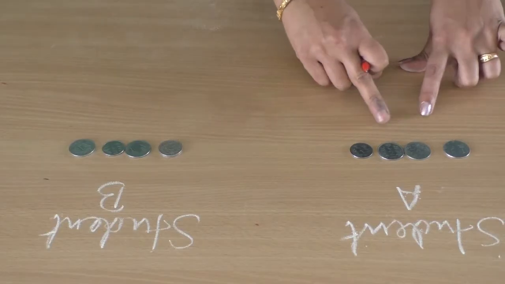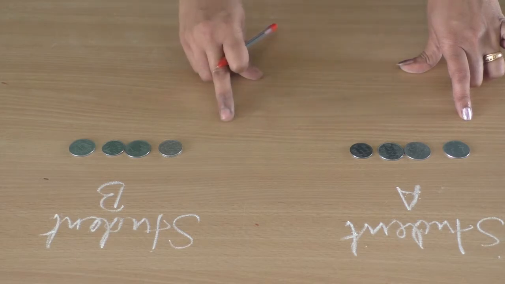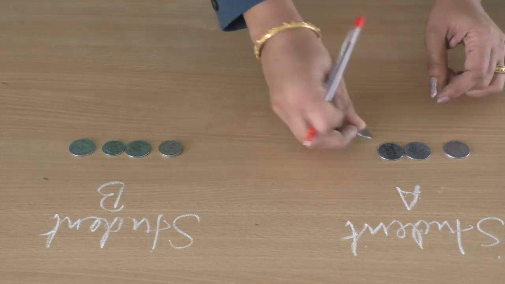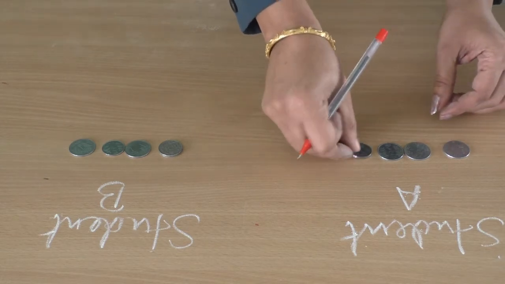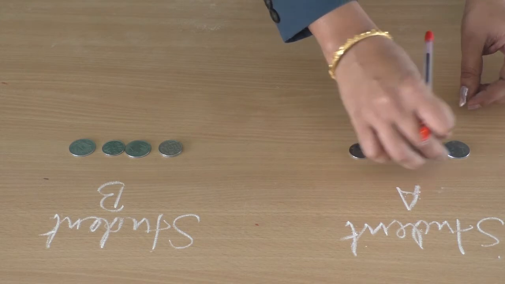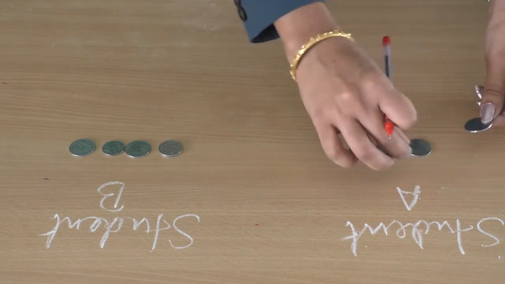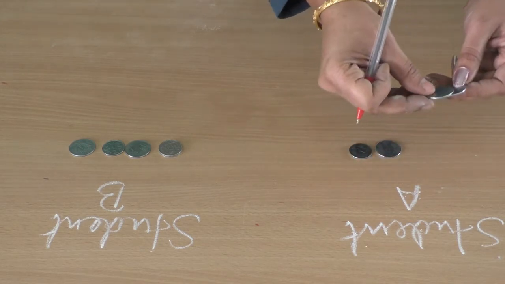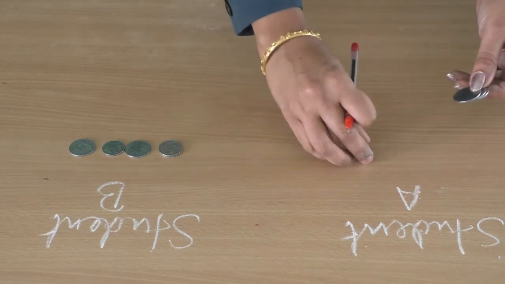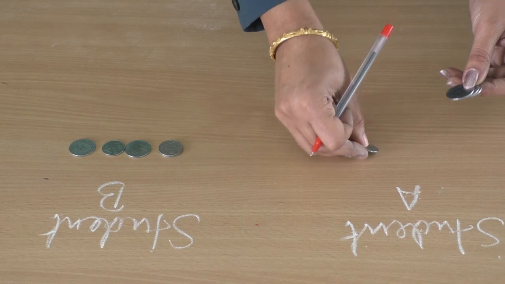For example, let's count the amount of money each student has in this example. Student A, how much money? You have a 1 rupee coin, 2 rupee coin, again a 2 rupee coin and a 1 rupee coin. So the total amount: 1 plus 2, 3, 3 plus 2, 5, 5 plus 1, 6.